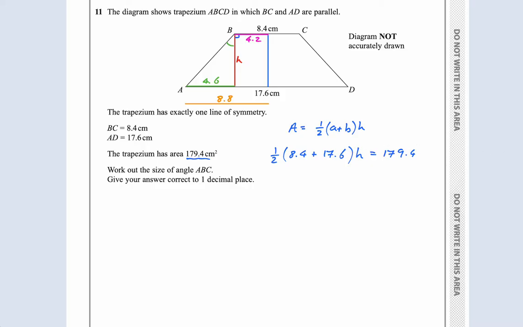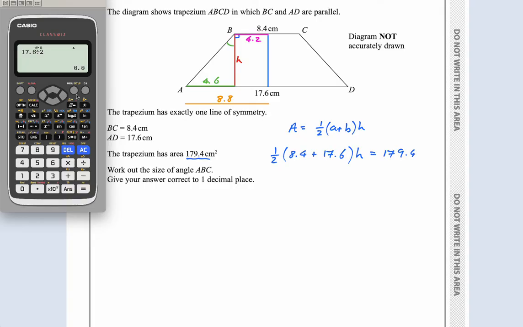Okay, now I can find H by, I could just divide by this straight away, or let's just break it up a bit. Okay, I'm going to do a half of 8.4 plus 17.6, which is 13. Okay, that's nice.